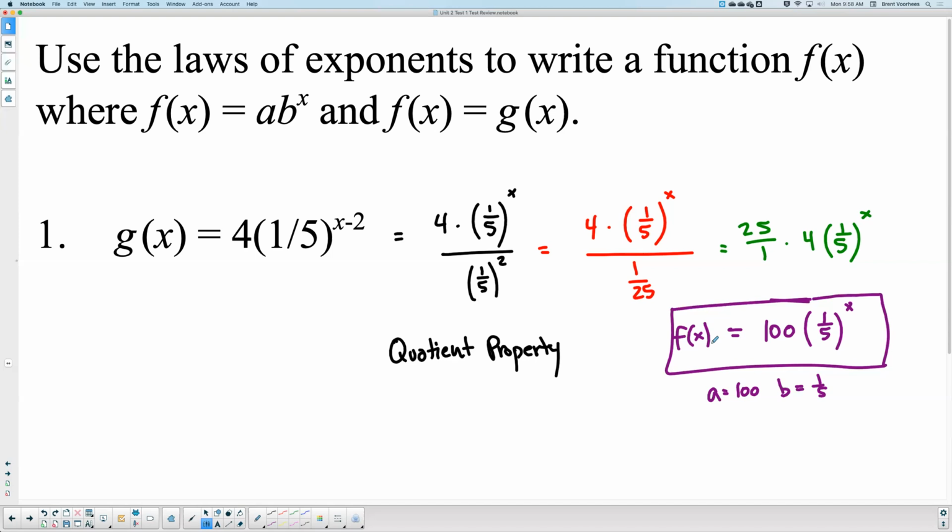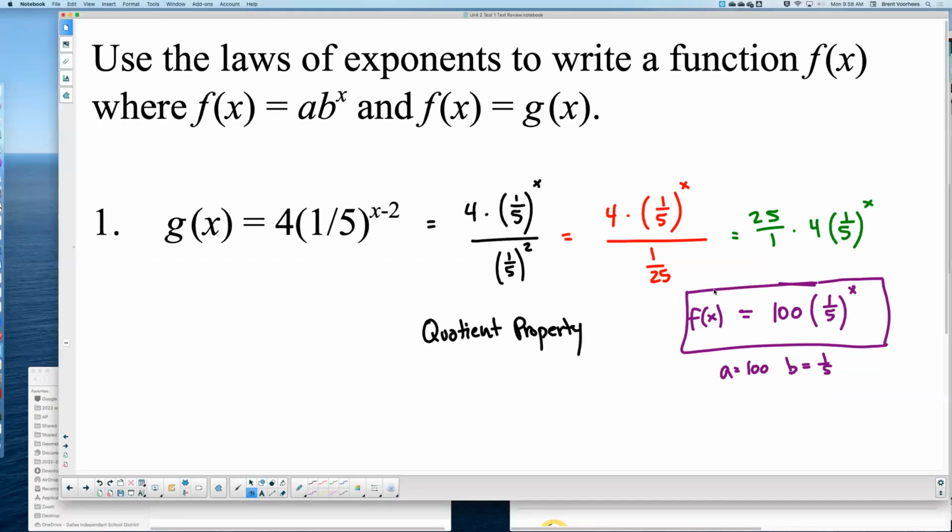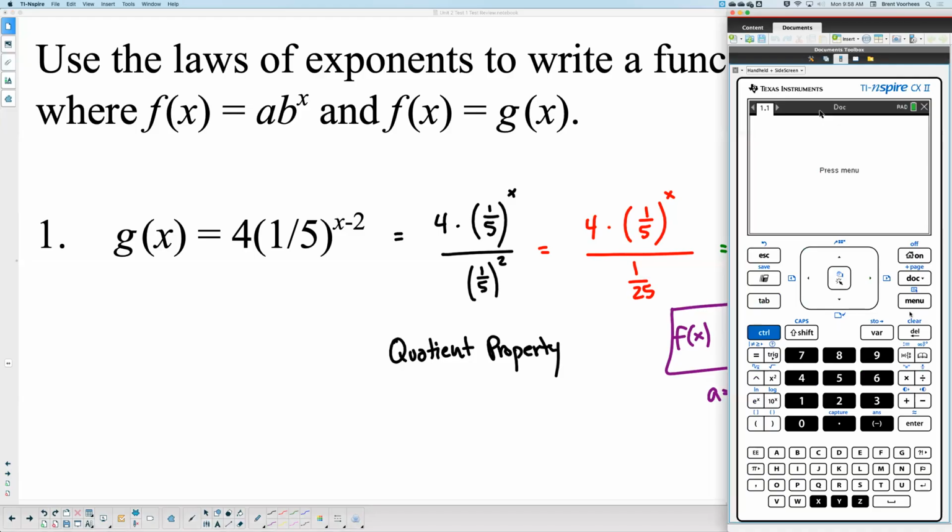Let's make sure that these are equal. How can we make sure they're equal? We can plug in a random number. You could graph them, make sure their graphs match. I'll do that way. Let's check the graphs. I'm going to just go to add graph. It's 4 times 1/5 to the power of x minus 2. g of x.